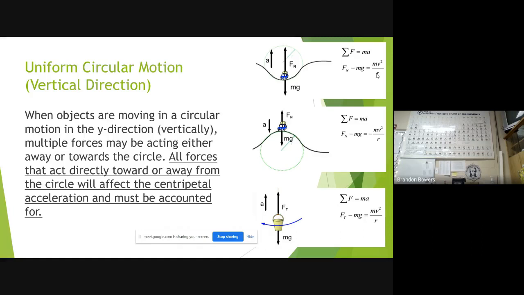However, when you're at the top of a hill, your acceleration is going down, or it's going to be negative. That's why we have a minus mv squared over r. You guys remember that?